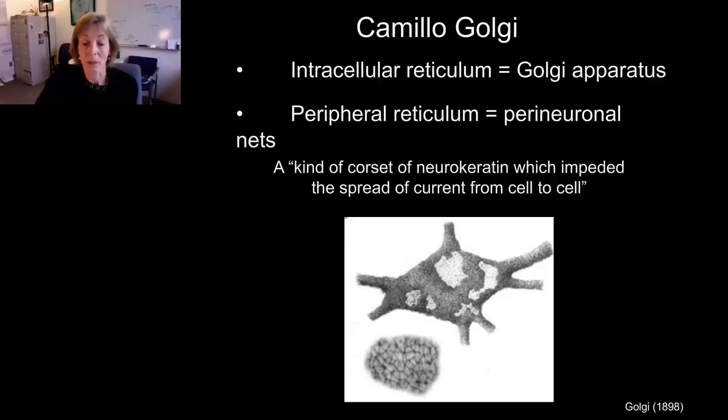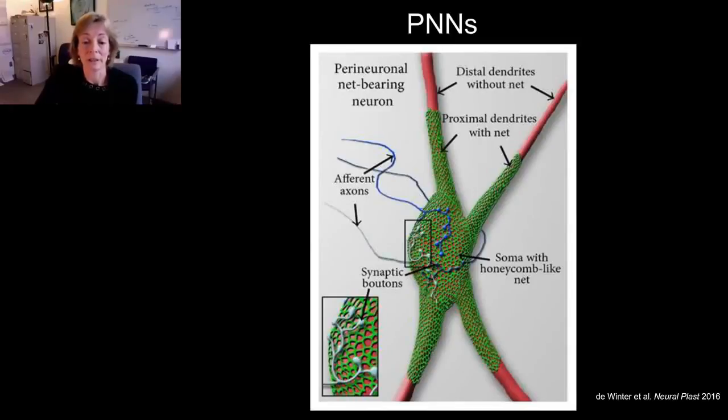A more modern picture is shown here. This green part here is the perineuronal net, and that is wrapping around both the soma of the neuron and these proximal dendrites shown here. If you look at the close-up in the lower left, you see that where the holes are located is where the synaptic boutons come in and synapse onto the underlying neuron.